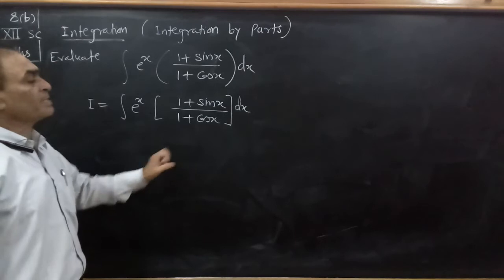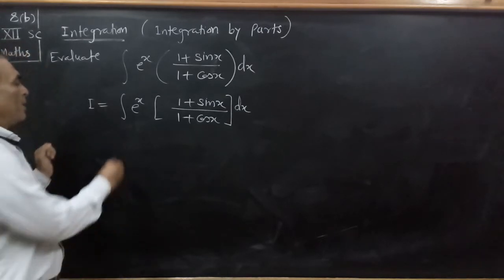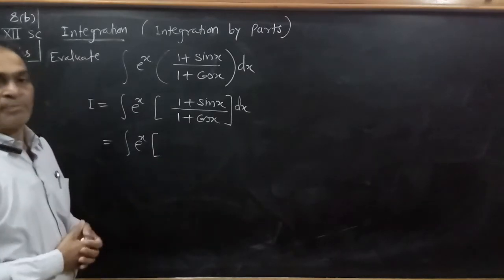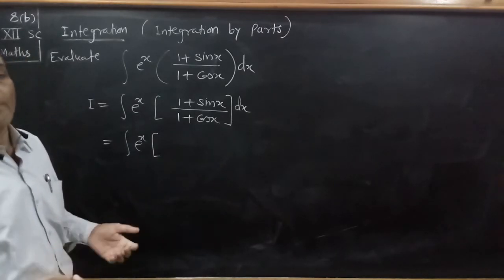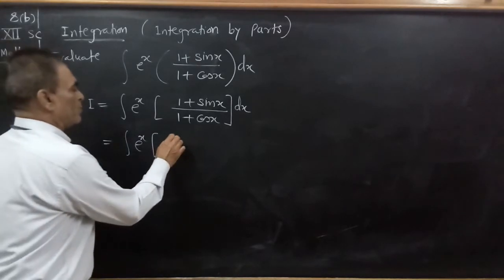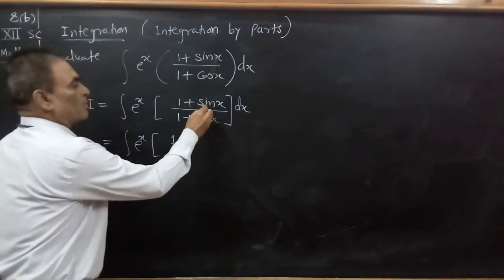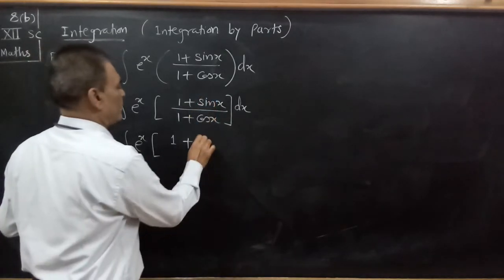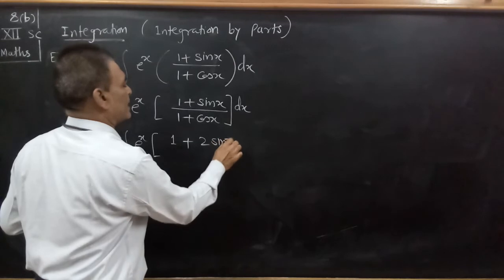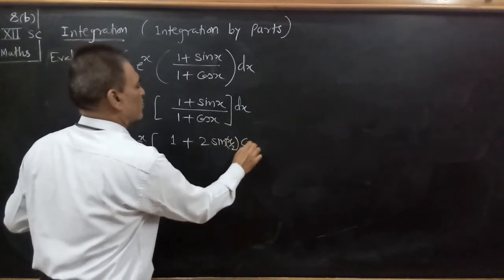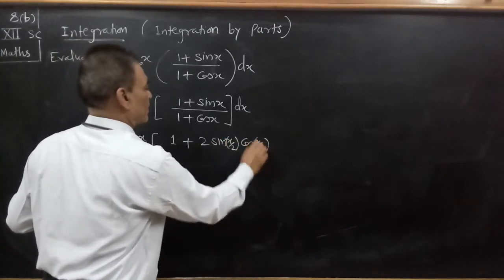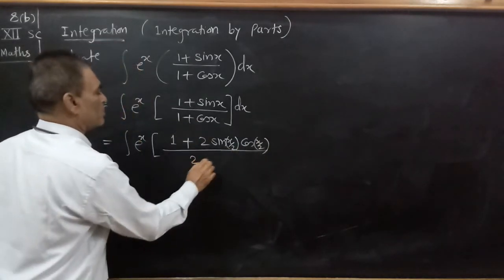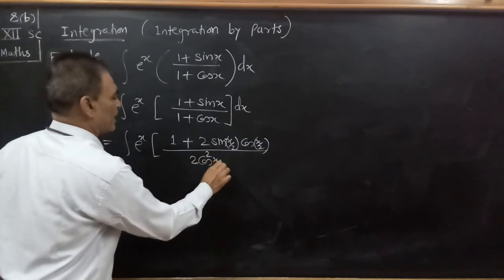For that purpose you can apply some trigonometric results, that is nothing but half angle formulas. In the numerator, 1 keep as it is. What is the formula for sin x in terms of half angle? It is 2 sin x by 2 into cos x by 2. And what about the denominator? 1 plus cos x is nothing but 2 cos square x by 2, into dx.